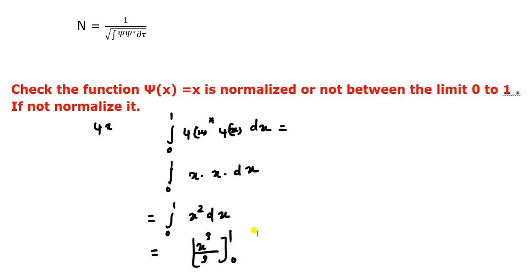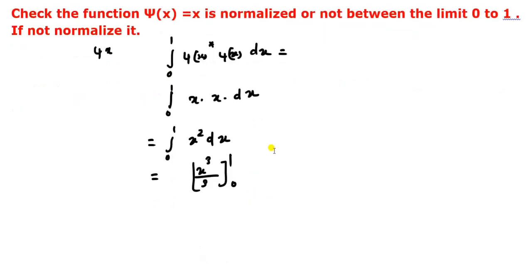Correct? So integration of x squared, according to the limit, is 1 by 3 minus 0, which is equal to 1 by 3. So this value is not equal to 1. So the function is not normalized.